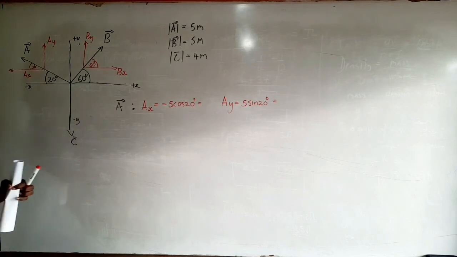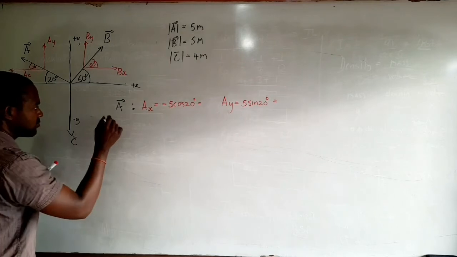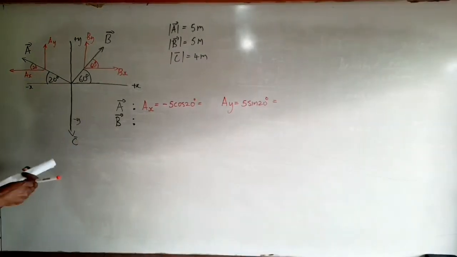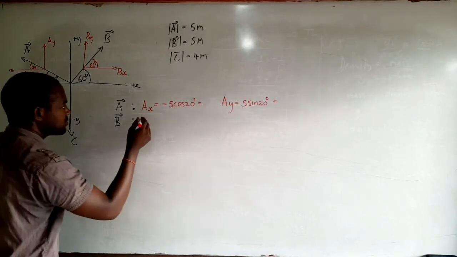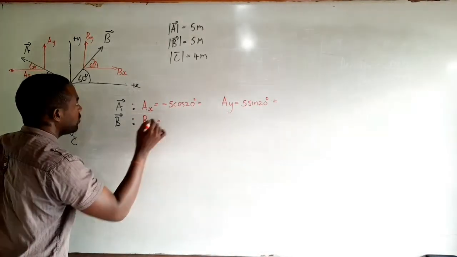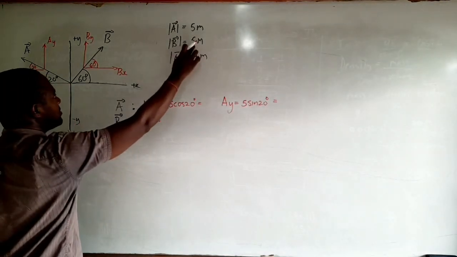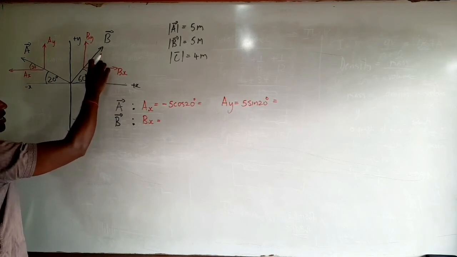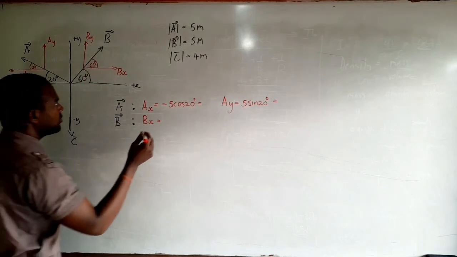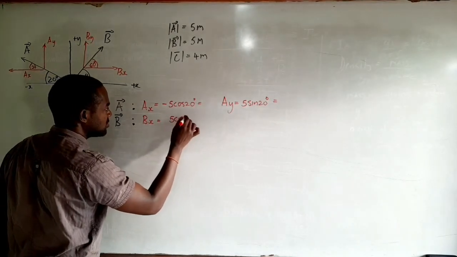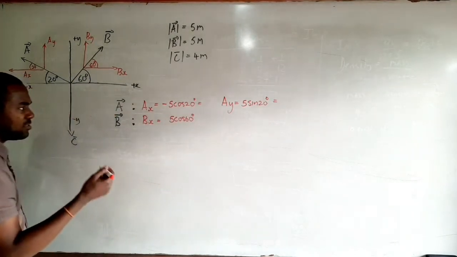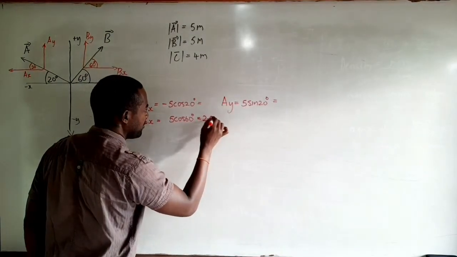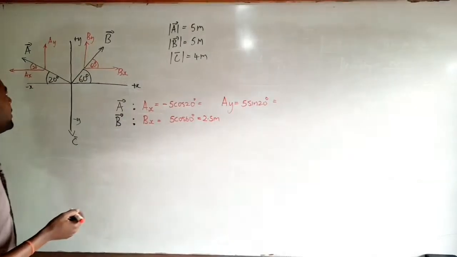Now, for vector B, its components are BX equal, so the magnitude of B is 5, this is 5 cos 60, because this component is adjacent to the angle, right? I know that the cos of 60 degrees is equal to a half, so half of 5, that is equal to 2.5 meters, right?